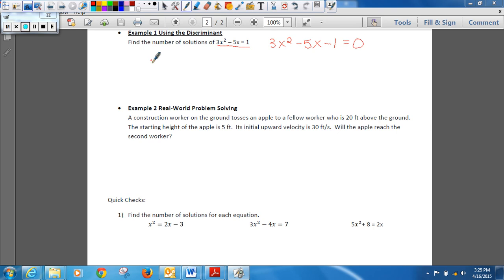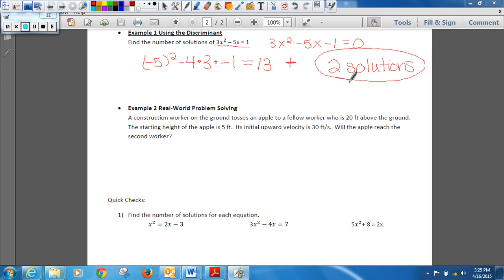Now I can use my discriminant. b squared, negative 5 squared, minus 4 times a times c. If I do that, that gives me 13. Since 13 is a positive number, that means if I were to solve it, it would have two solutions. If I were to graph it, it means that it crosses the x-axis at two places.